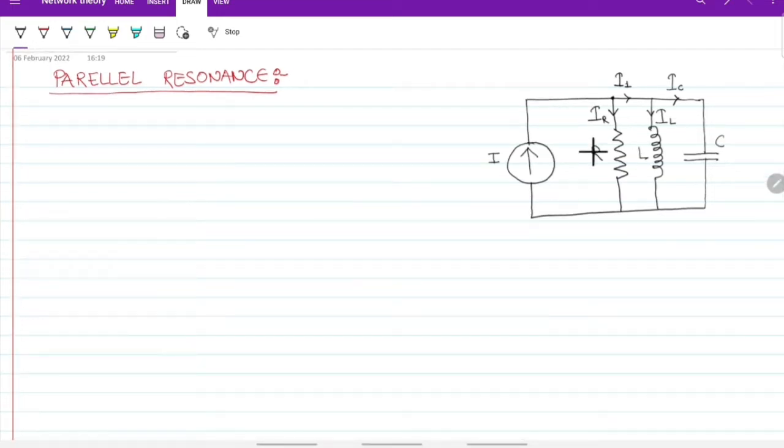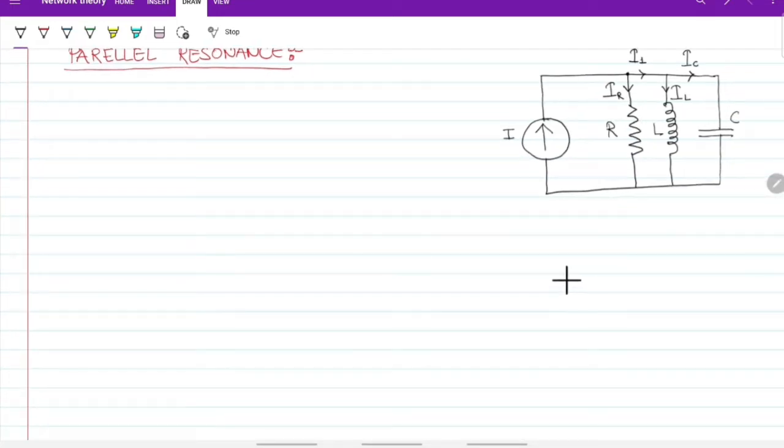Now the voltage across the parallel circuit is the same, so we'll keep the voltage at the reference axis, that is VR, and the current in this path will be IR, which is equal to V by R, because in a resistance current and voltage are in the same phase. Now IC will lead voltage by 90 degrees.